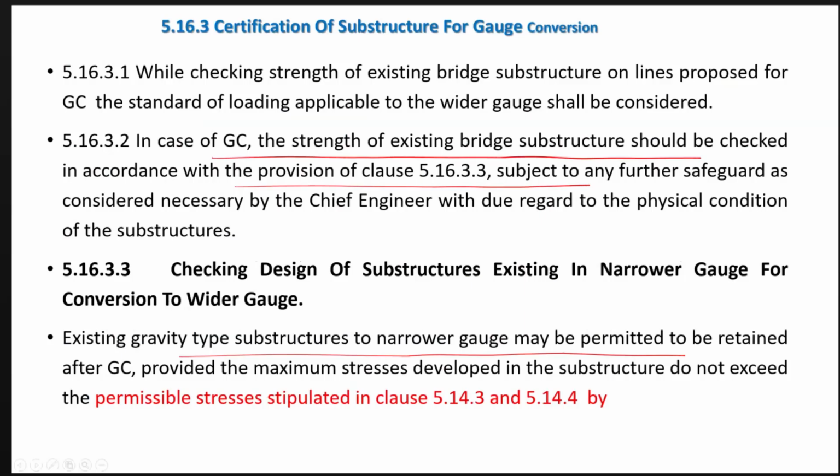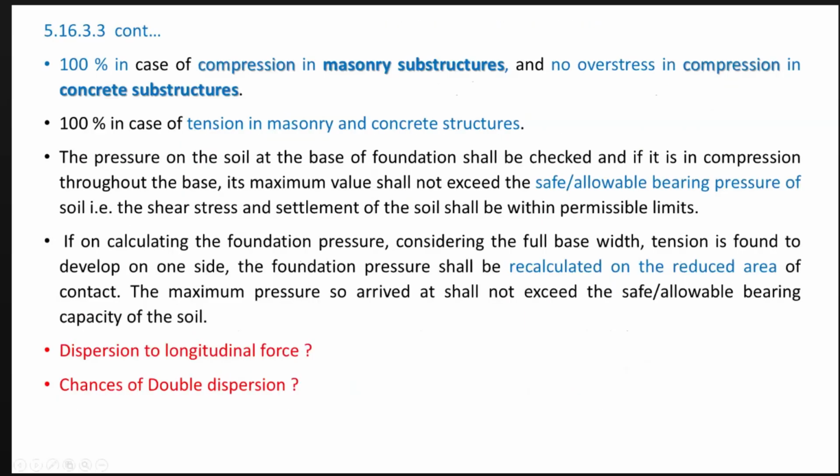So this is very important. 100% in case of compression in masonry structure is allowed; earlier it was 200%. In case of GC, only 100% in tension of the masonry of the structure is given.